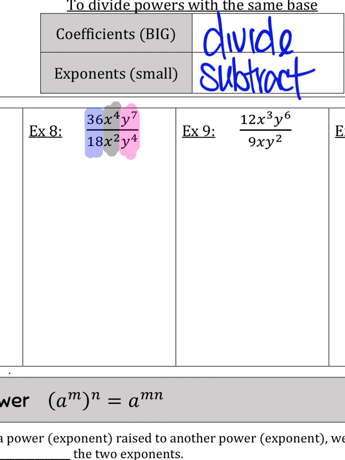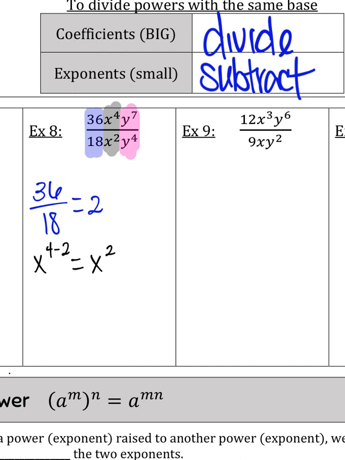The first thing that we're going to do is we're going to say 36 divided by 18, which is 2. Then we're going to take our x to the fourth, and we know that we're going to subtract that x to the second, and we will get x to the second.